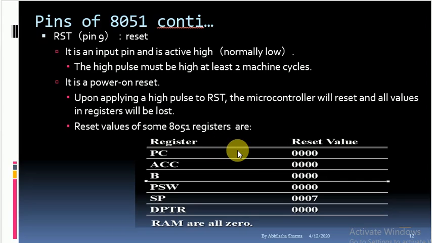Whenever the reset pin is pressed, the program counter goes to 00, the accumulator is 00, register B is 00, PSW, the program status word or flag register, is 00, DPTR is 00, all the RAM area becomes 0, but the stack pointer has the value 07 after reset.